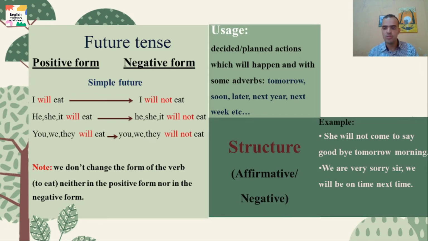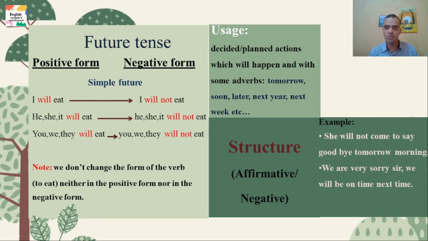The second example, we are very sorry, sir. We will be on time next time. So this is an apology expressed because of a fault made by some workers, asking forgiveness from their sir. So we are very sorry, sir.